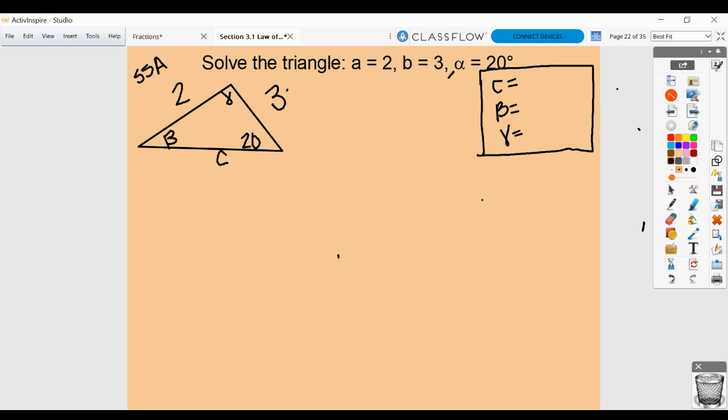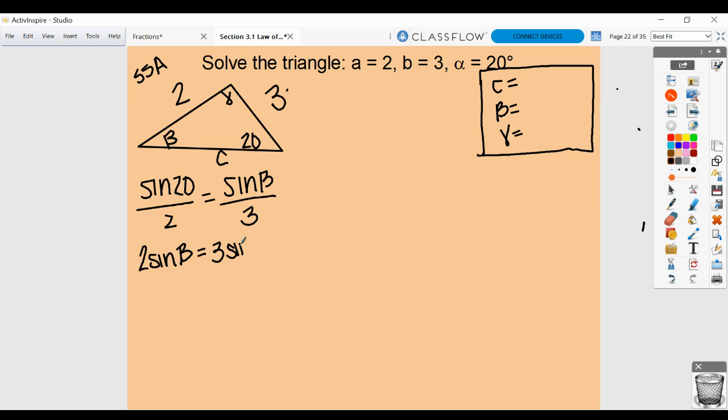Okay, so we first just want to look for our match. So sine of 20 over 2, sine of beta over 3. When you cross multiply, you get 2 sine beta equals 3 sine 20. Divide by 2.